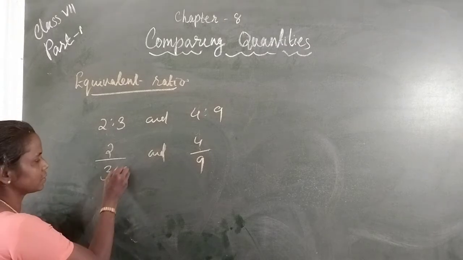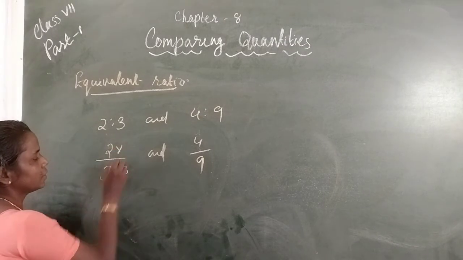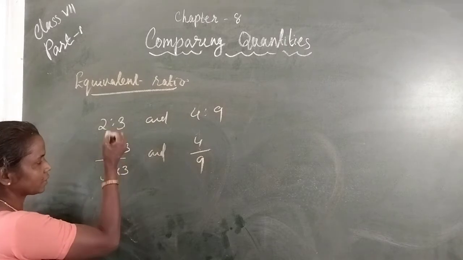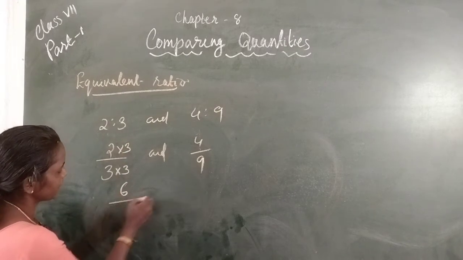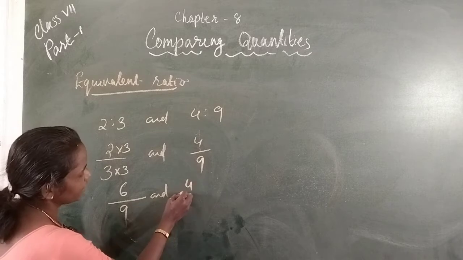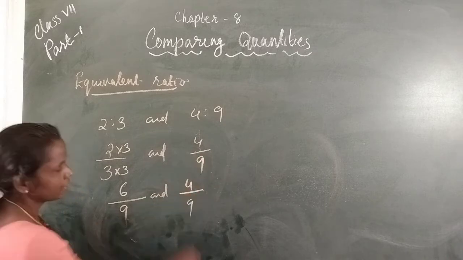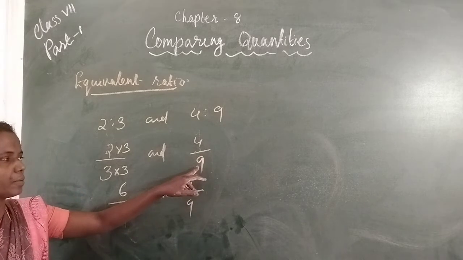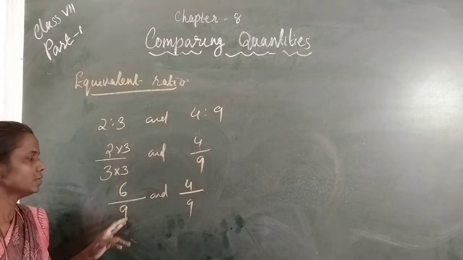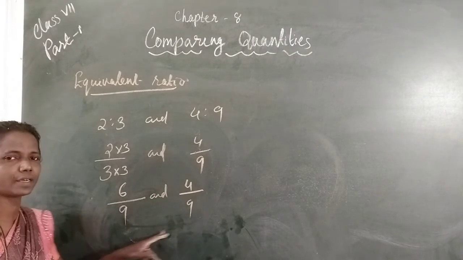So look, multiply the denominator by 3, and the numerator also by 3. So look, 6/9 and 4/9. Here the denominator is already 9, so this 3 converts into 9. So here we get like fractions.